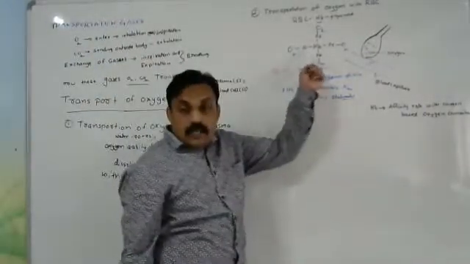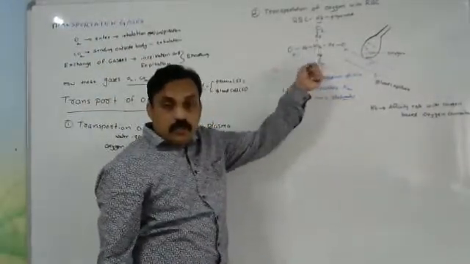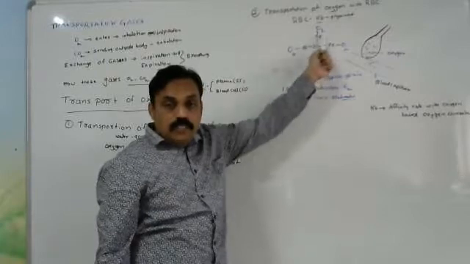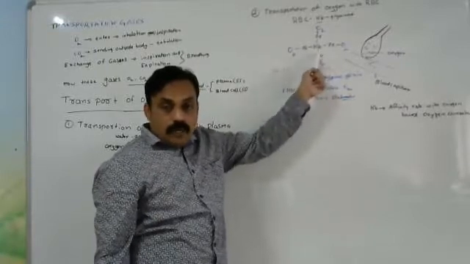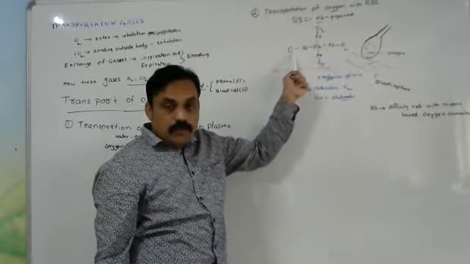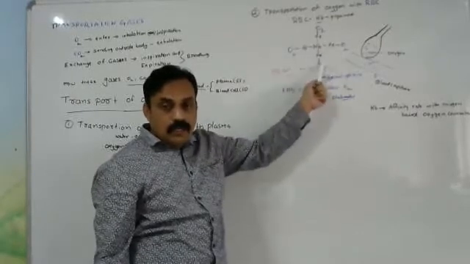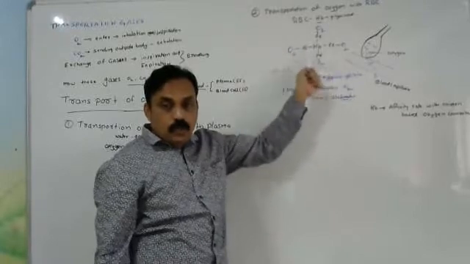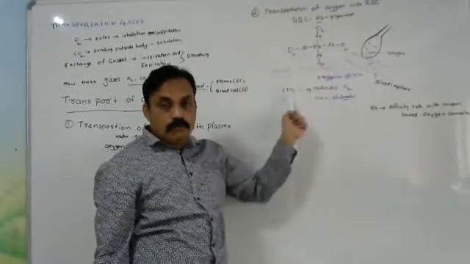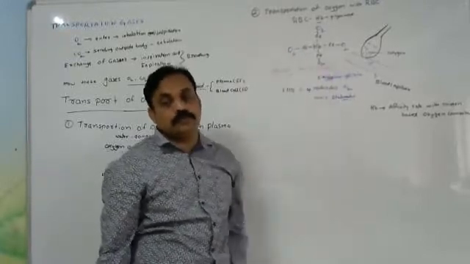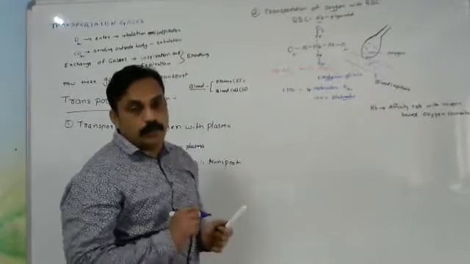One ferrous ion combines with one molecule of oxygen. Hemoglobin is made up of four ferrous ions, each attached with one molecule of oxygen: 1, 2, 3, 4. So one hemoglobin combines with four molecules of oxygen. Very important.